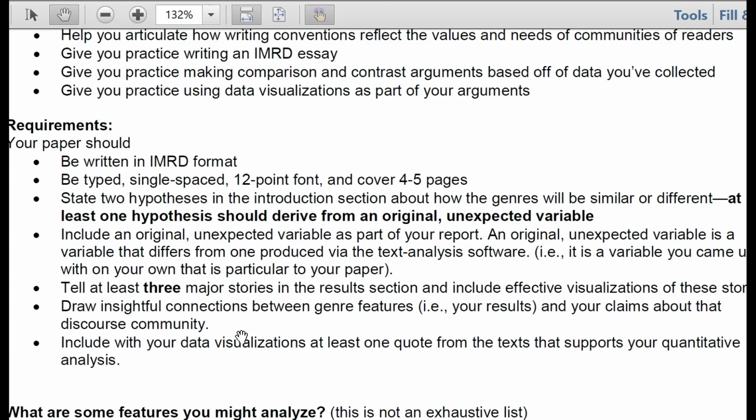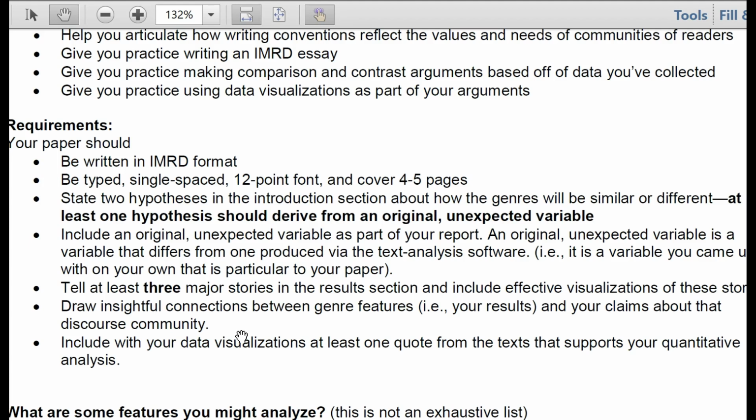Likewise, if you're doing, say, art history versus engineering, what are those readers looking for, and how does the way they present information change based on that? Same thing for medicine versus education.